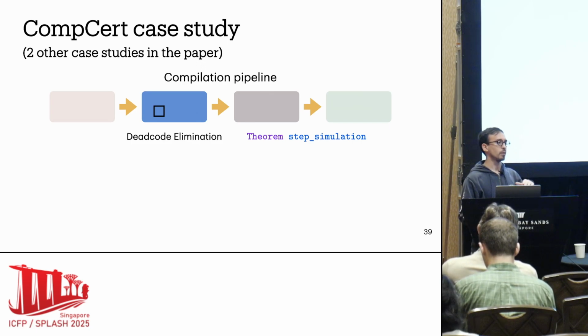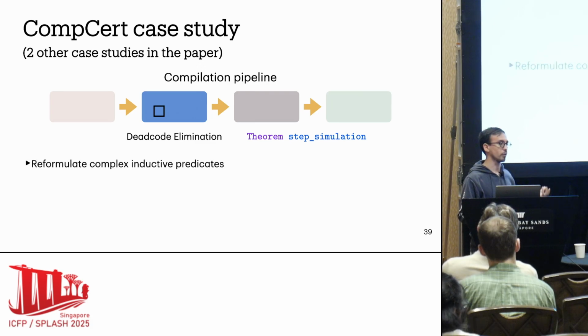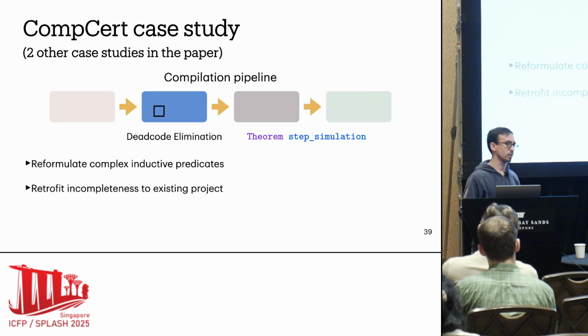And then we were still able to prove the correctness lemma of this pass. The main takeaways that we learned from this case study were how to reformulate complex inductive predicates, and how to retrofit incompleteness into an existing project.